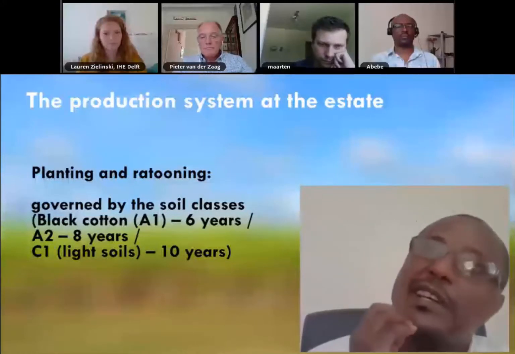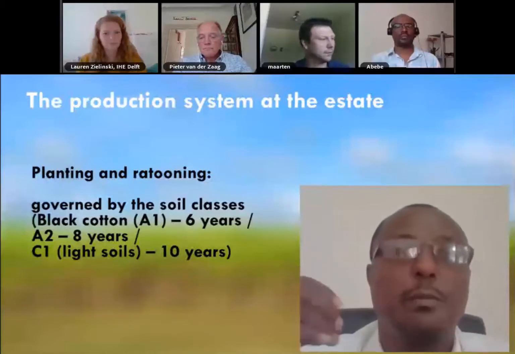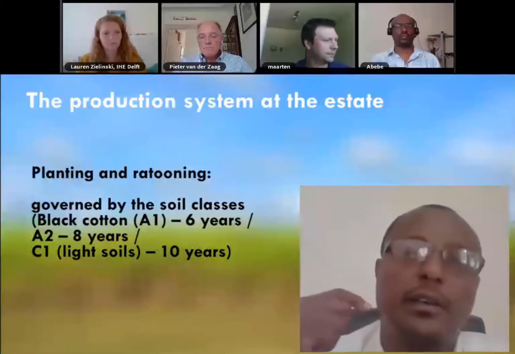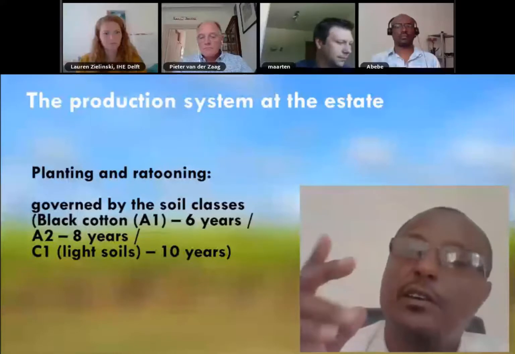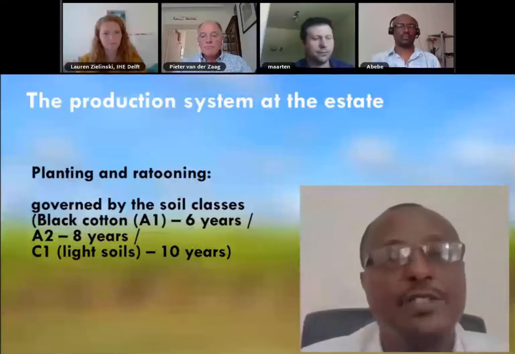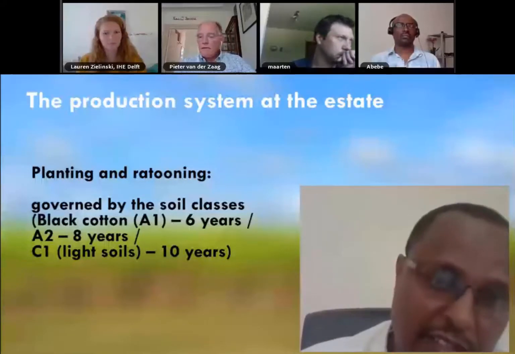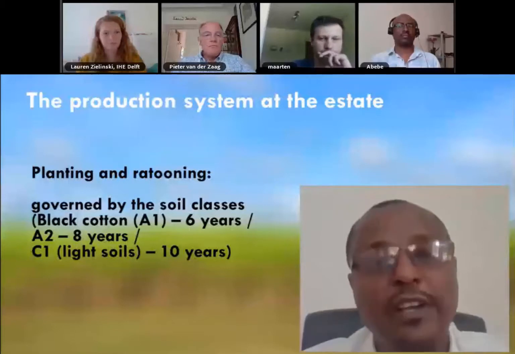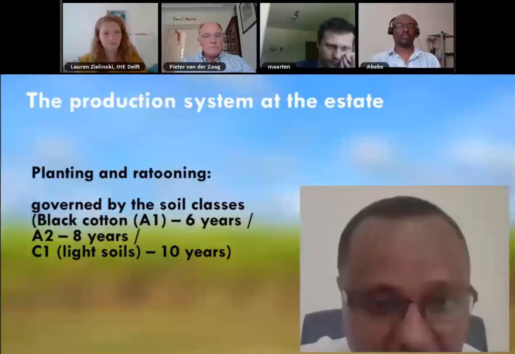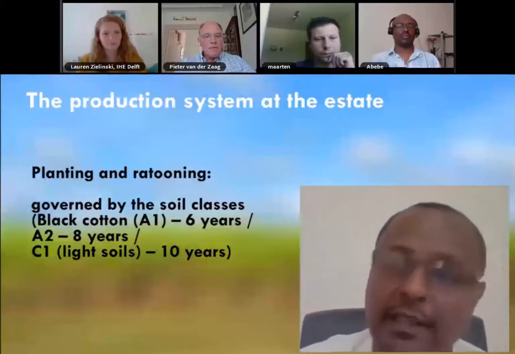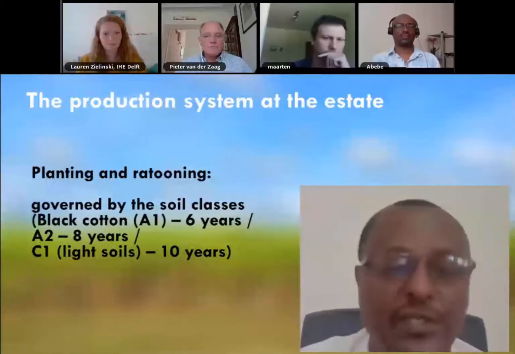For example, in the A1 soil category, which is black cotton soil, the first planting is harvested after 2 years, then the first ratoon after 1 year, then the second ratoon after 2 years, and the third ratoon after 1 year. After that, it is uprooted and the land remains as it is for 4 months.